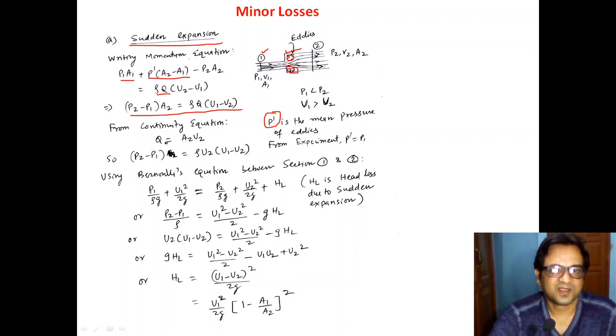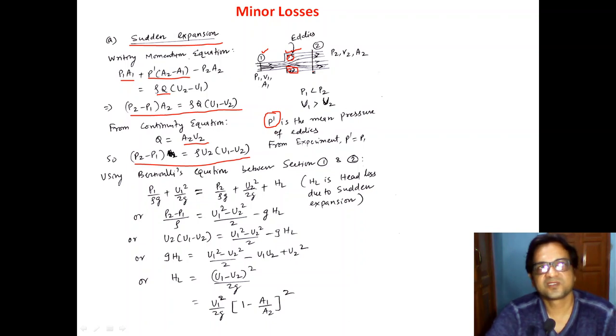Now from continuity, the volumetric flow rate Q equals A2 into U2. Put this value of Q here so that the whole expression is in terms of pressure and velocity only. So P2 minus P1 equals rho into U2 into (U1 minus U2). Now we will use Bernoulli's equation between section 1 and section 2.